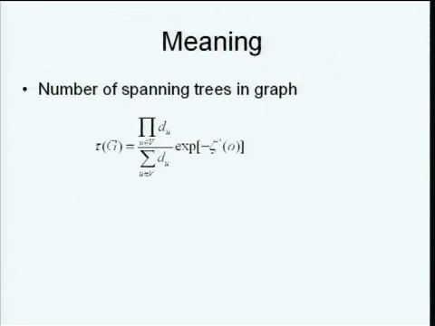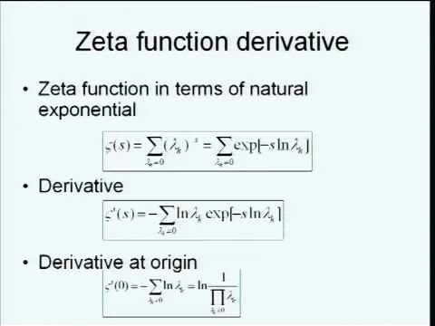What he shows is that the number of spanning trees is the product of the degrees of the nodes divided by the sum of the degrees of the nodes times e to the minus the derivative of the zeta function at the origin. So really, by taking the product of non-zero Laplacian eigenvalues here, what we're doing is taking a measure that is related to the number of spanning trees in the graph.